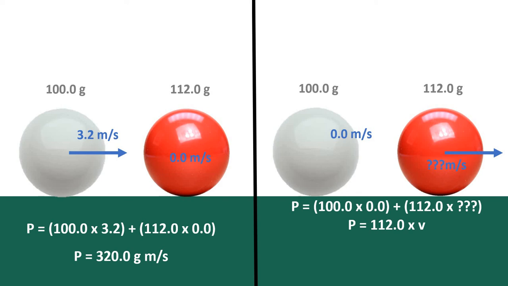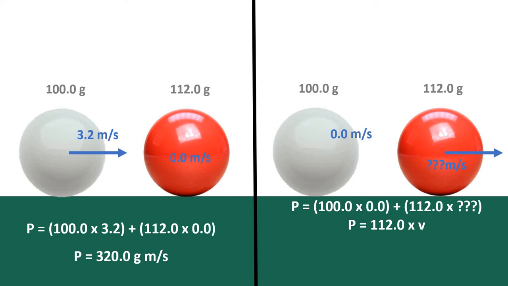So what does this leave us with? Well, the momentum of the cue ball is going to be 0. So this leaves us with the mass of the red ball multiplied by this unknown velocity value. Now we know that the momentum pre-collision and post-collision will be the same.